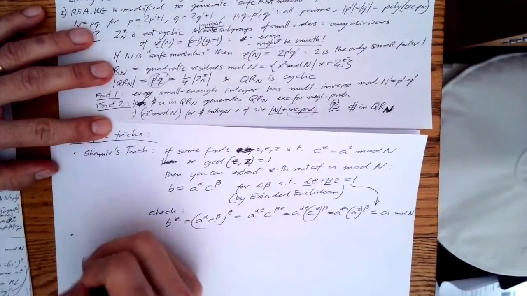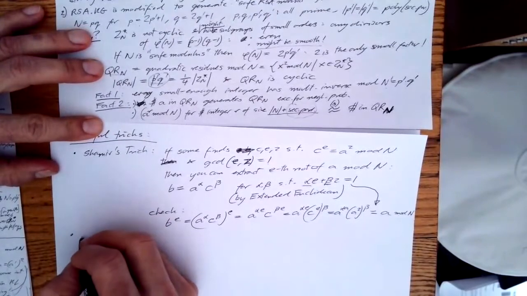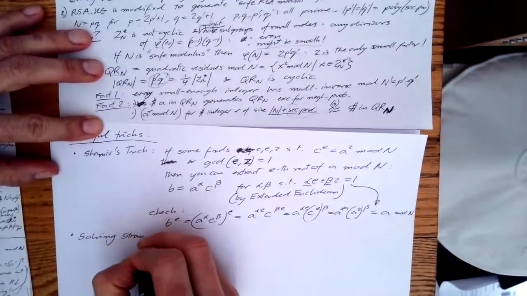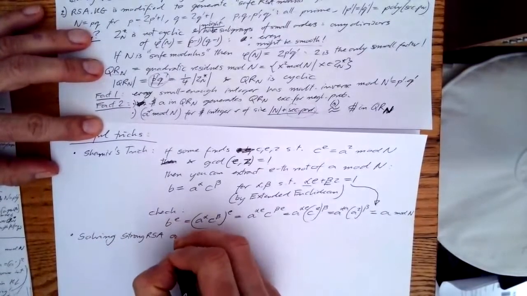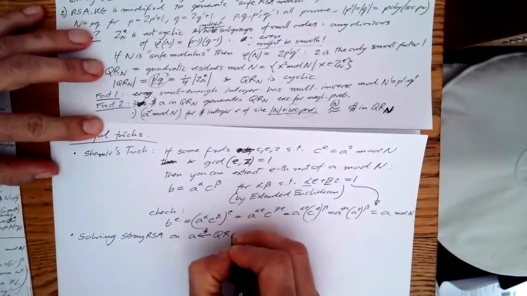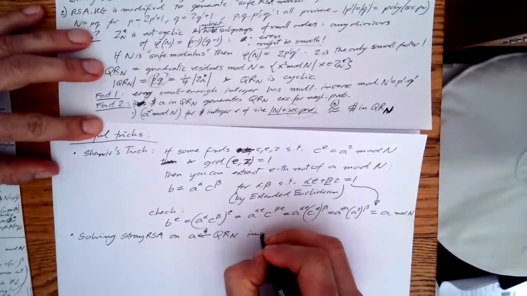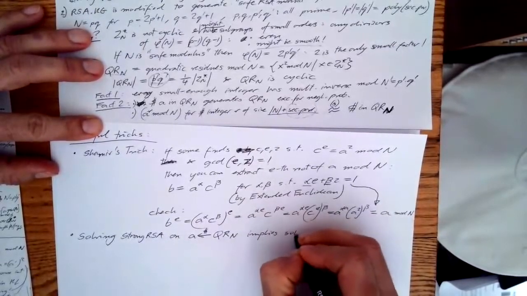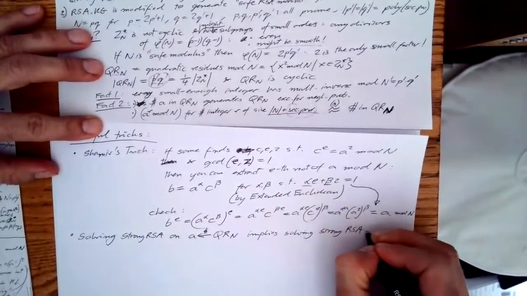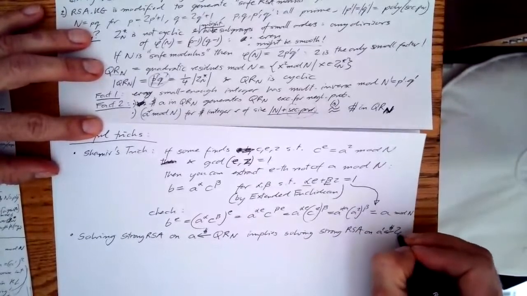Okay, and another thing you might observe is that solving strong RSA on a random element in this subgroup of quadratic residues implies solving strong RSA on a random A prime in Z_n star.